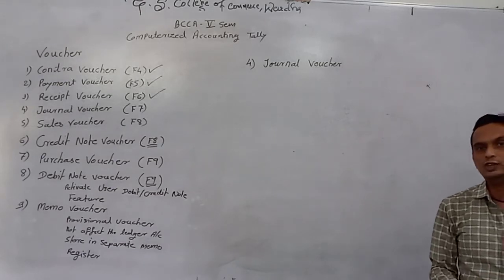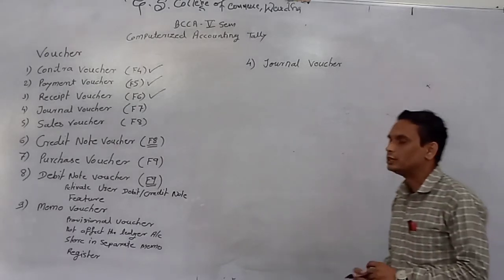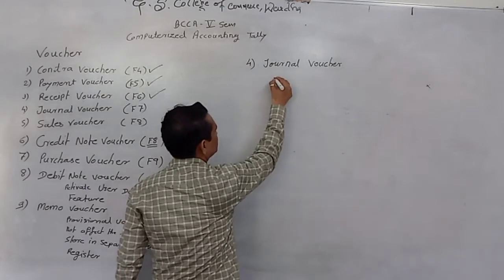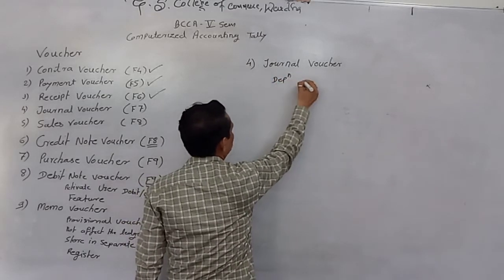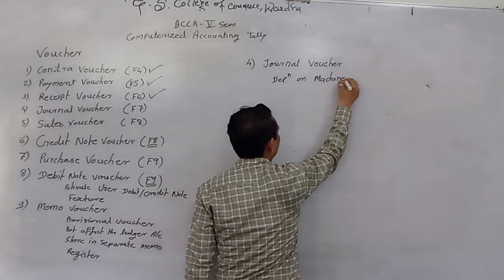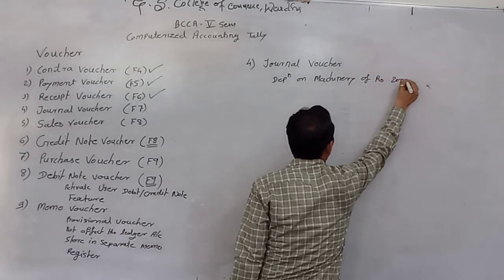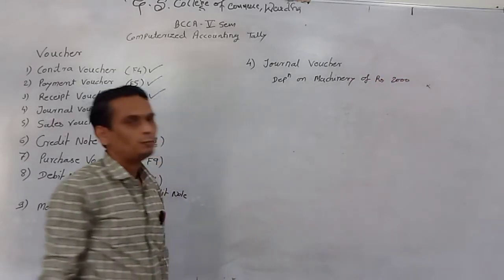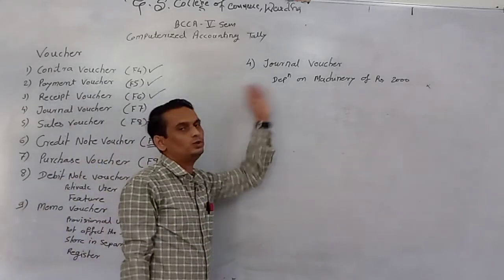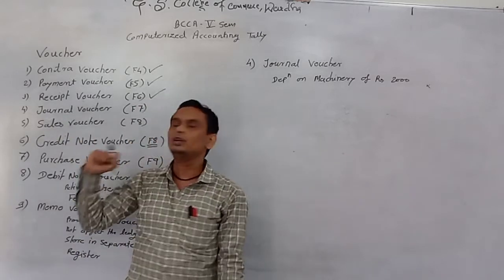Normally for provisions we make a journal voucher entry, for example provision for depreciation on machinery of rupees 2,000. This type of transaction doesn't include inflow and outflow, therefore it is a provision, and provisions can be made in a journal voucher.